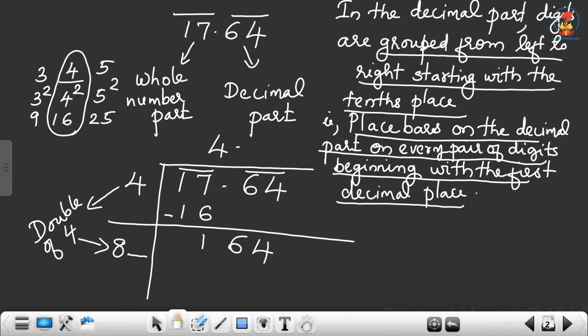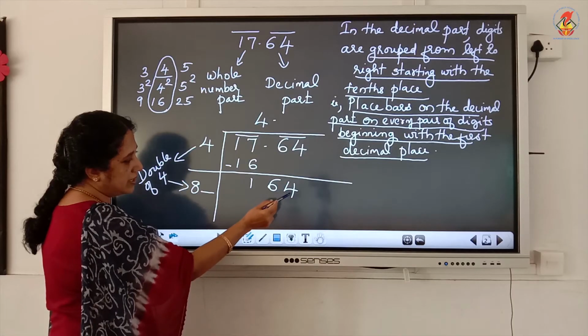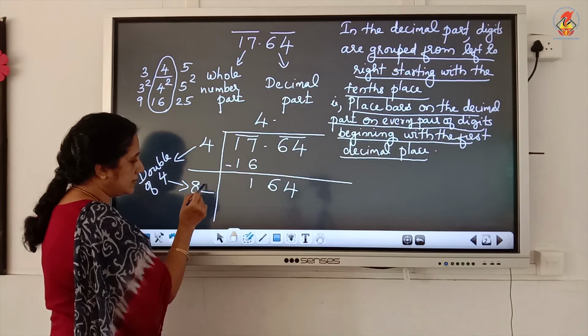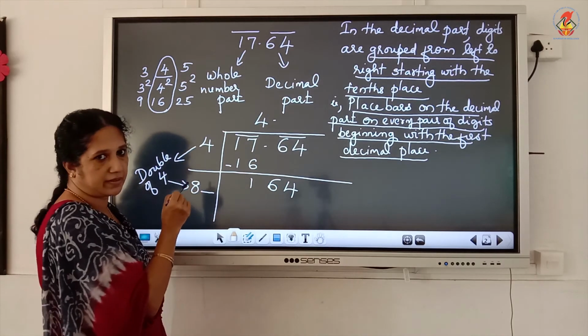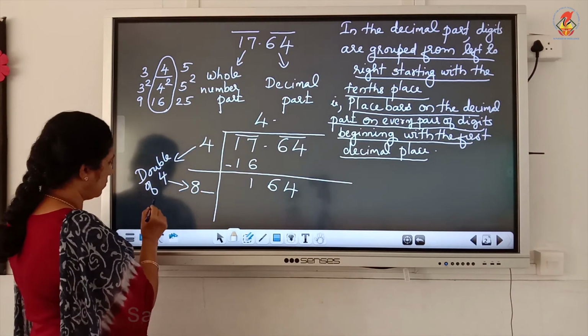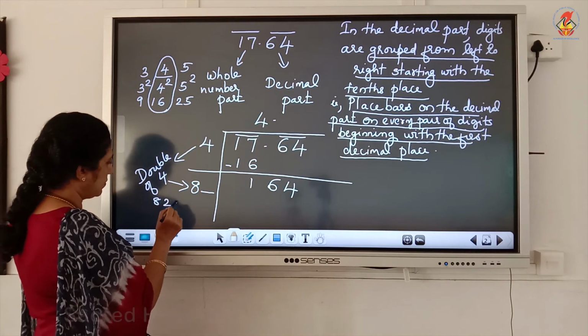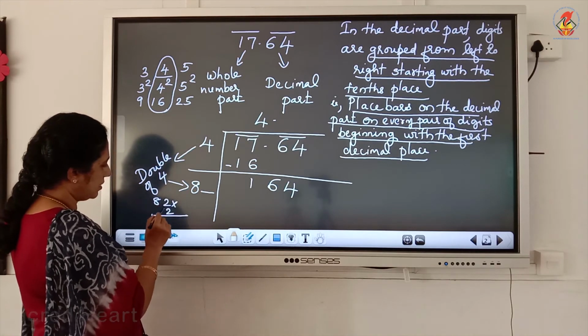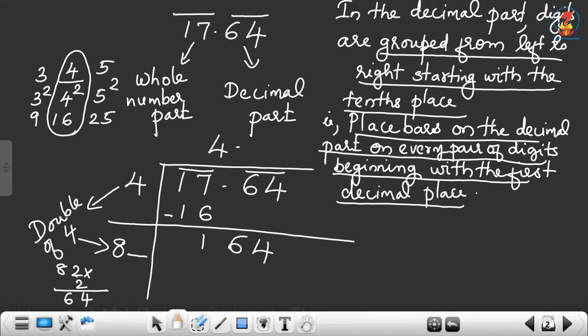So here it is 164. The last digit is 4. So which digit you have to select here? If you take 2, 82 into 2, 2 into 2, 4, 2 8s are 16. So we can write 2 here and that 2 will come in the quotient also.